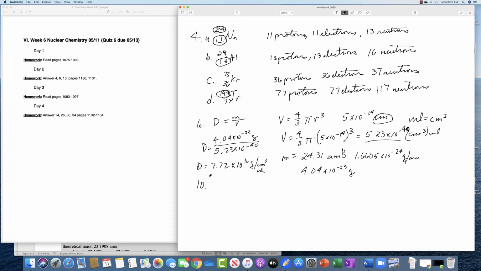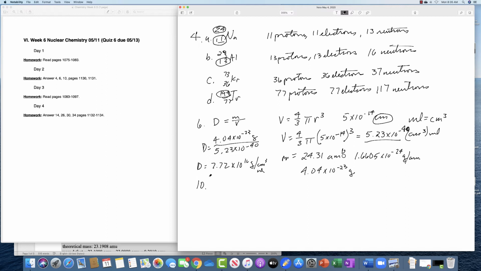Number 10. Which of the following nuclei lie within the band of stability shown on figure 20.2?